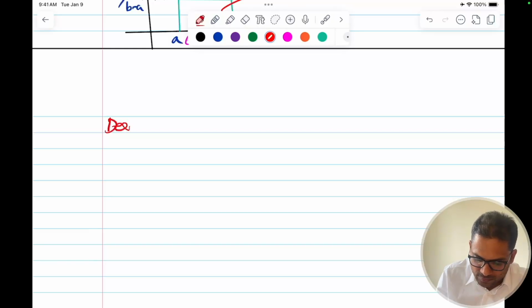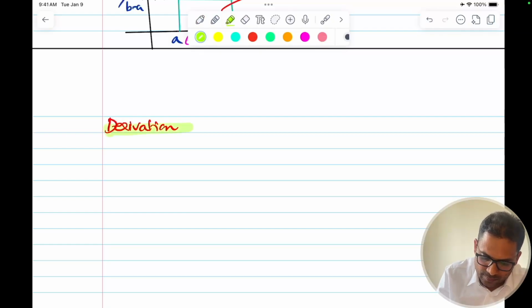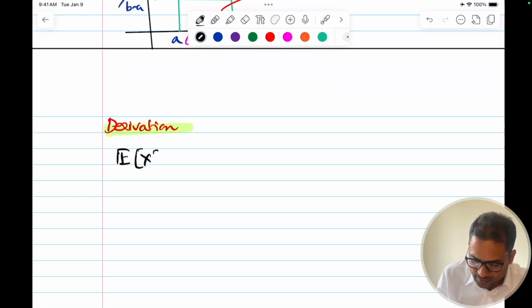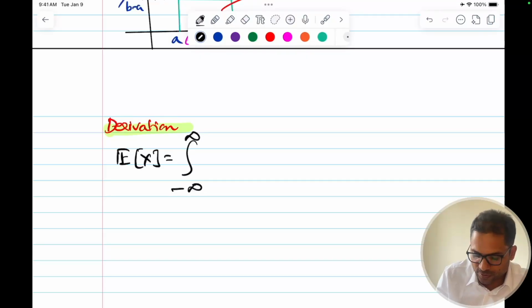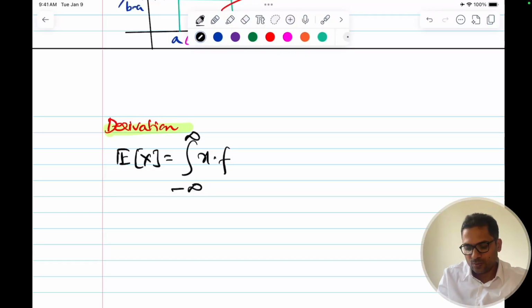So let's derive. Derivation. So expectation of x is equal to integral from minus infinity to infinity of x into f of x dx.